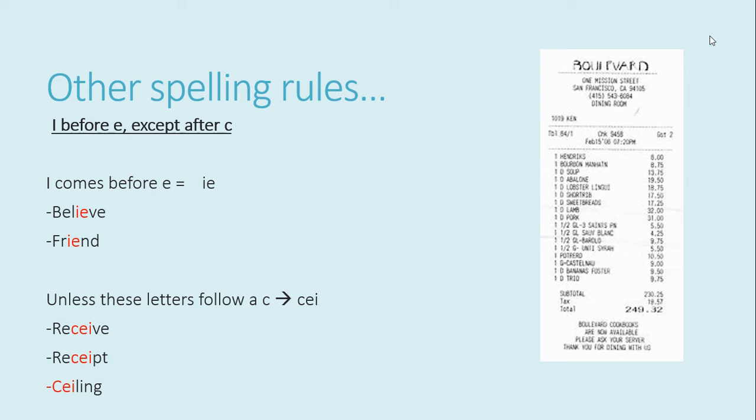So if it is a C followed by an IE, well, it wouldn't be, it would be a CEI because we've got to swap them round. So examples there such as receive, receipt and ceiling show that we need to have it as EI in those cases.